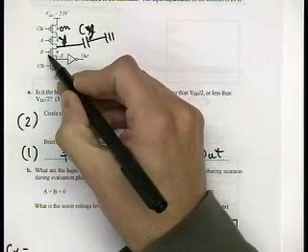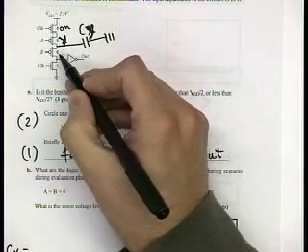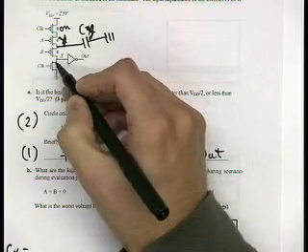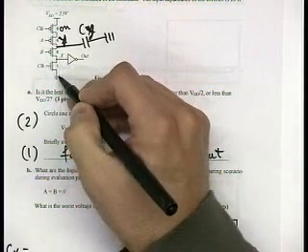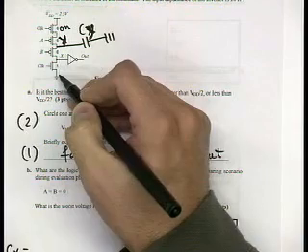We see drain to gate and drain to bulk capacitance of this PMOS. And we also see drain to gate and drain to bulk capacitance of this bottom NMOS.